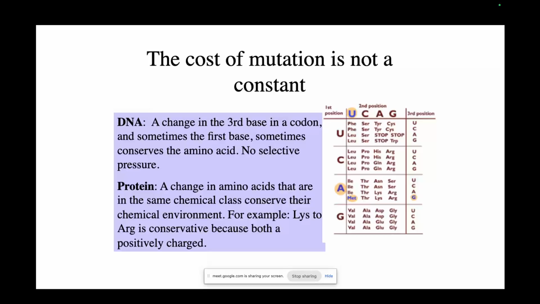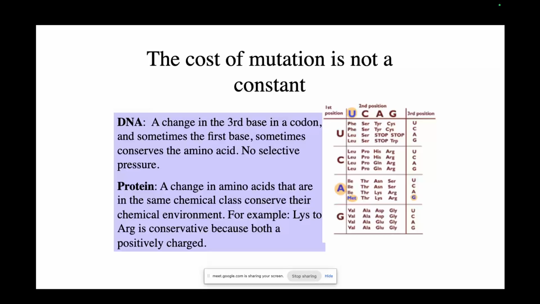As the name of the slide says, the cost of the mutation is not constant. The same holds for DNA, where we have different types of substitutions, transitions and transversions. A transition is purine to purine or pyrimidine to pyrimidine, and a transversion is purine to pyrimidine or vice versa. So different weights are given to these different changes, depending on what type of change it is.